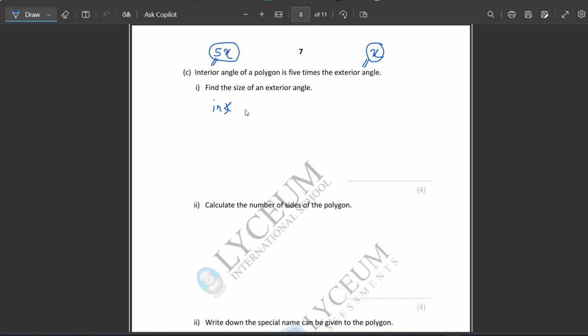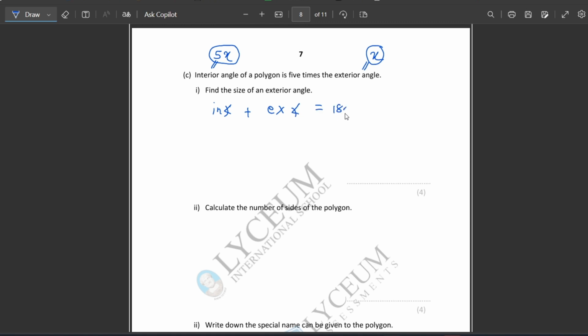So we know that interior angle plus exterior angle equals 180, angles on a straight line. So 5x plus x is 180.